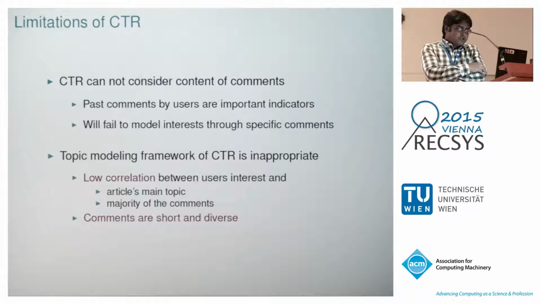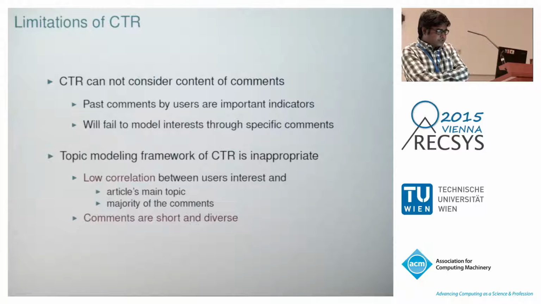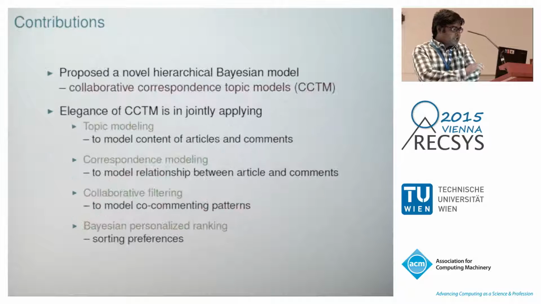And one of the major challenges, as I was saying about the comments, is that the words are very diverse compared to standard news articles, and there is a very low correlation between the words of the comments and the news articles. How we address these challenges is one of the major contributions.